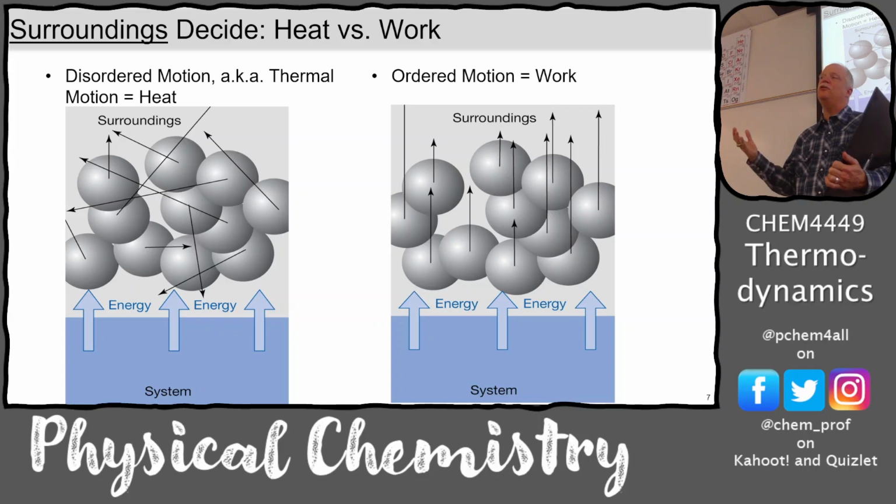Because again, we can use ordered motion. If it's pushing a piston, right, we're getting an ordered motion in one direction. We can connect that to a stick that goes around a crank, and we can turn something. Then we can turn our wheels and drive our cars. So all we're doing in a combustion engine is using hot gas to create ordered motion. We're pushing a piston in a certain direction.